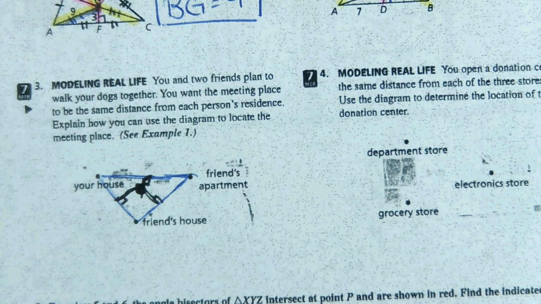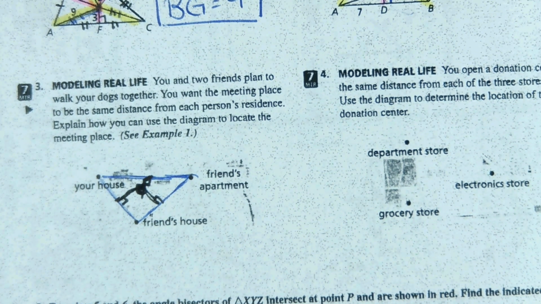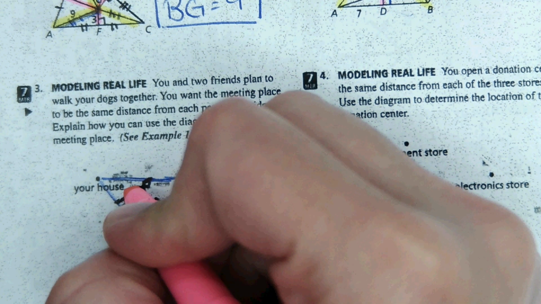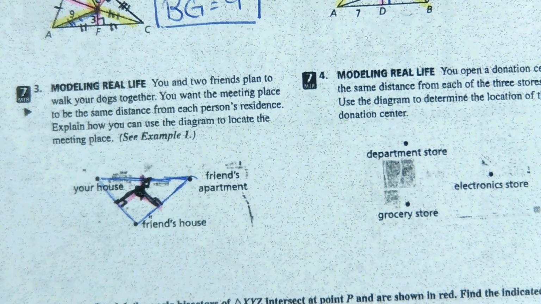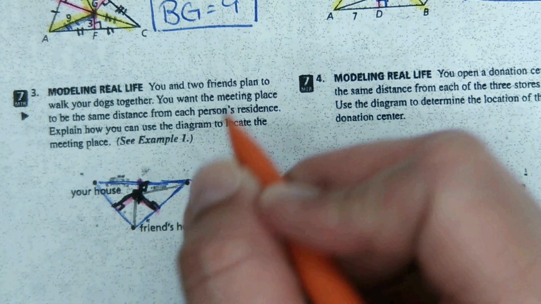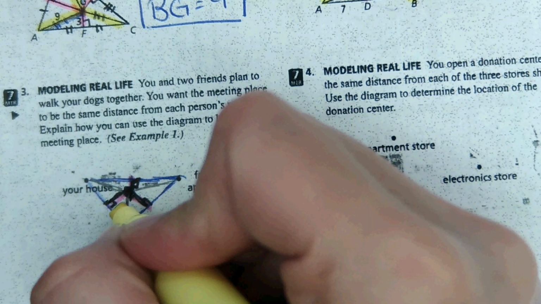Okay, so not the best drawing, but that's the idea. And then from there, this would be my pink, the perpendicular bisectors. Then this circumcenter should be the same distance to all the corners. So this distance, and this distance should be all the same.